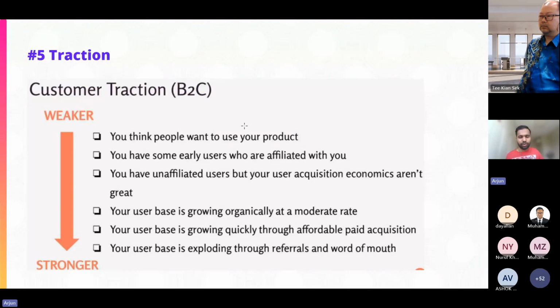You tell your friend, I'm using this wireless mouse, it is very good, and then your friend buys it, and then he recommends it to his friends, and the cycle goes on. If it is going like that, then the product you are building is very good. You achieved some good traction.